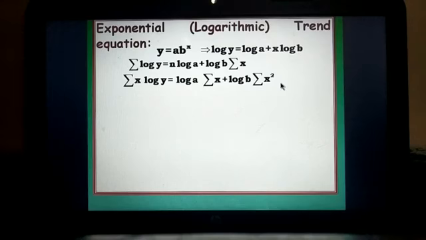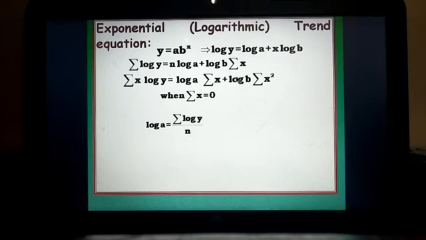As usual method, once when summation of x is equal to 0, what happens? This term goes to 0. Summation of x is equal to 0 means, with the remaining part from the first normal equation, we will be able to get log a is equal to sum of log y divided by this n.